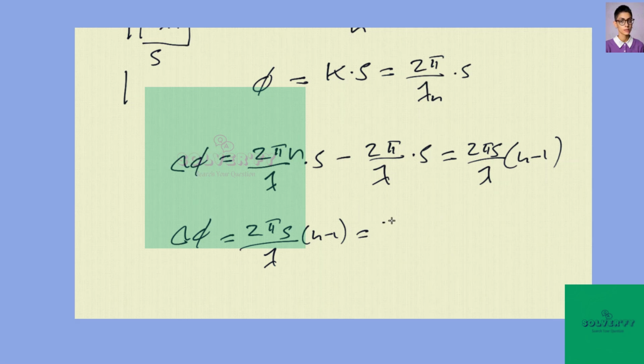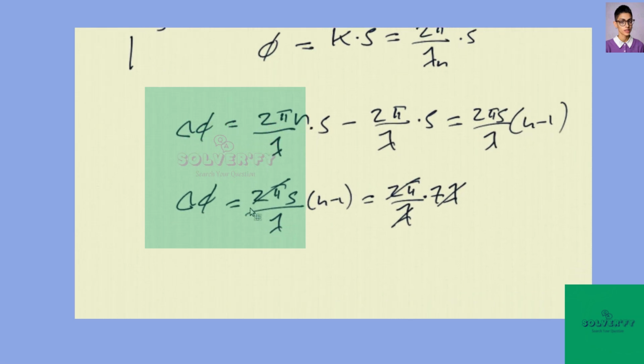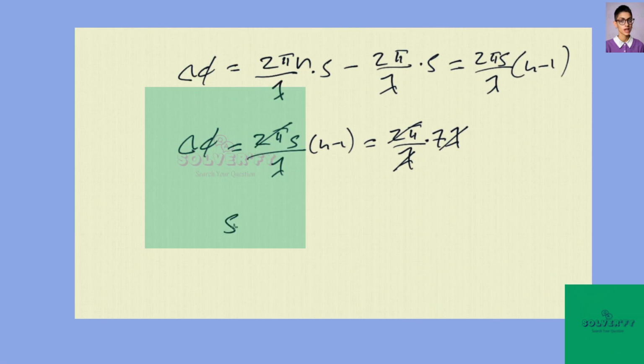That's 2 pi over lambda, and the distance is 7 wavelengths, so 7 lambda. The lambdas cancel, there's a 2 pi on both sides, so now we have s times n minus 1 over lambda equals 7.